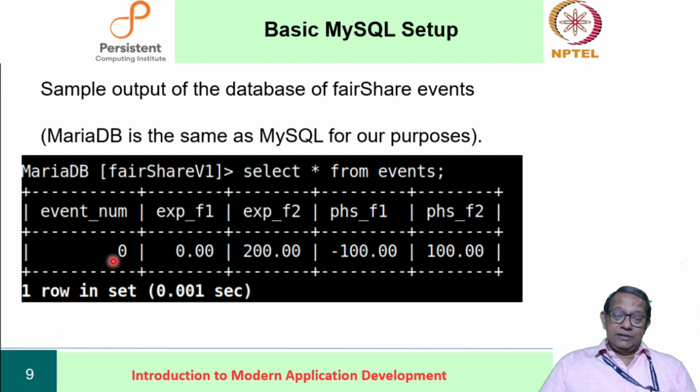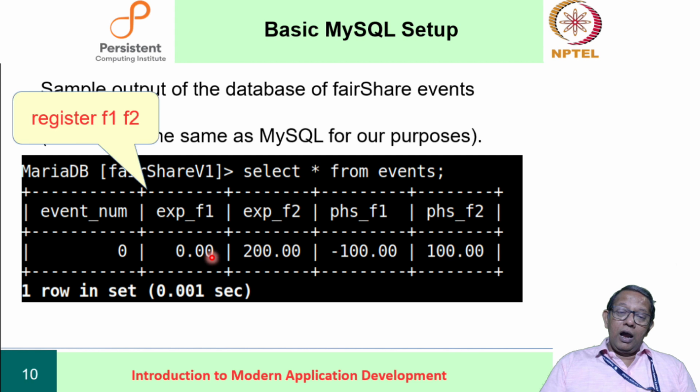What we see here is a table with one row. The table itself has an integer event number, double precision, 10-digit, 2 decimal places, expenses for friend F1, etc. The table itself is created when you give the register command.